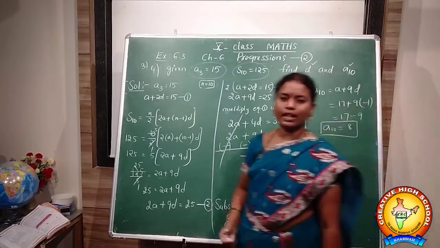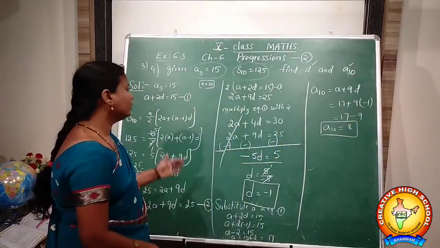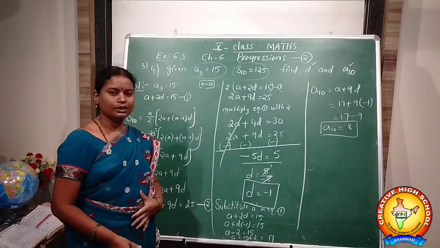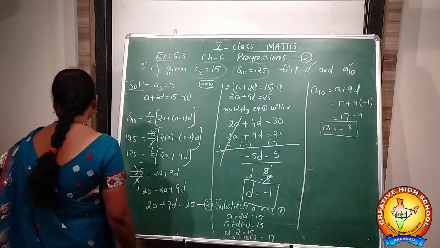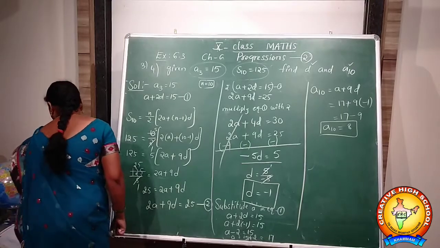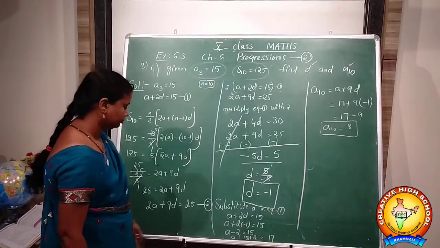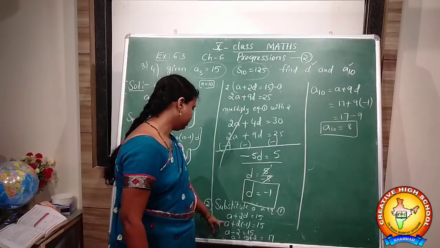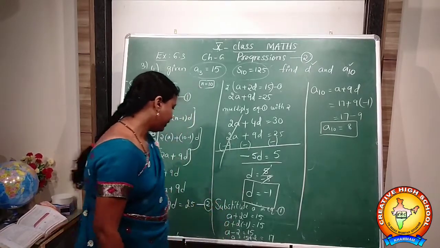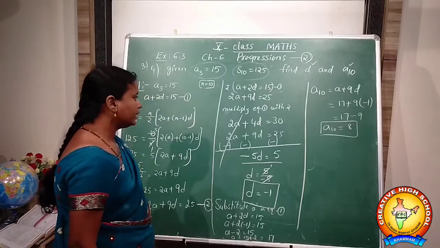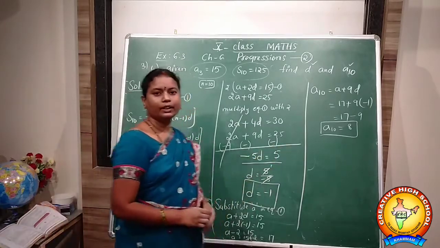So this is the way to find the unknown terms from the given terms. Is it clear?